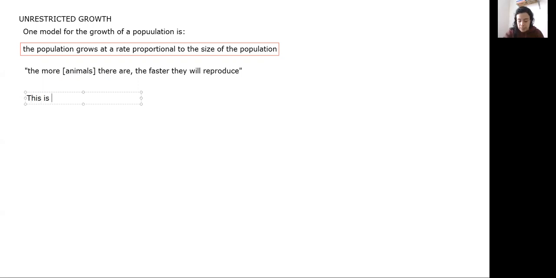So this is a reasonable assumption for bacteria and animal populations under ideal conditions. Now, what does ideal conditions mean? It means that they have an unlimited environment.